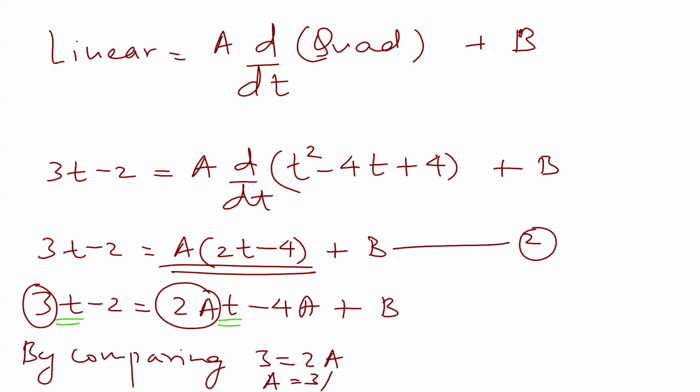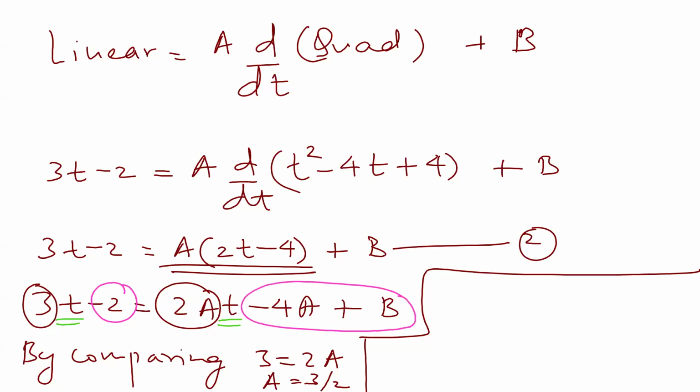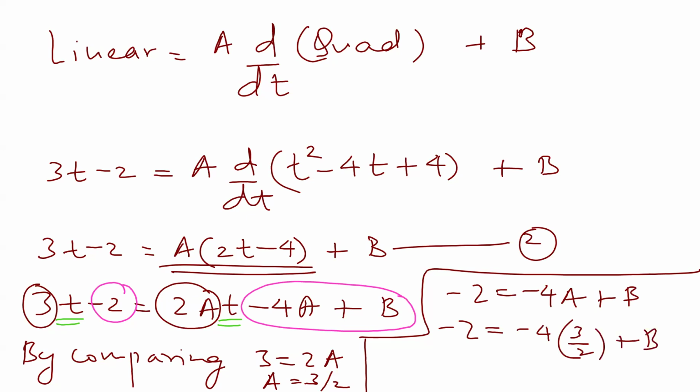Now the non-t terms. The non-t terms are minus 2 and minus 4a plus b. So minus 2 is equal to minus 4a plus b. So minus 2 is equal to minus 2 into 3 by 2 plus b.